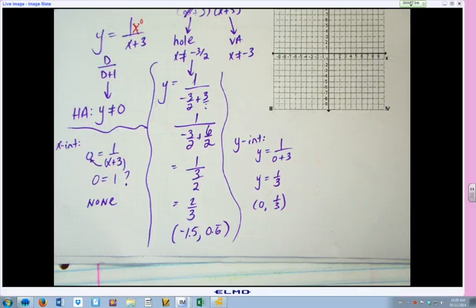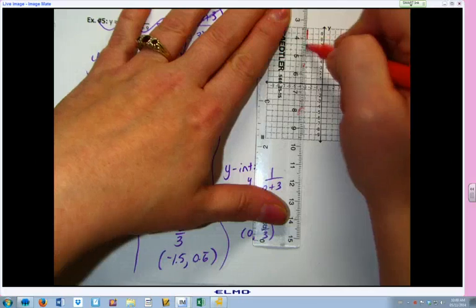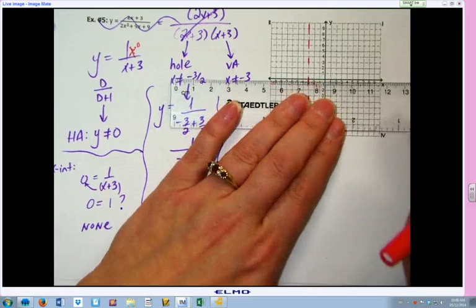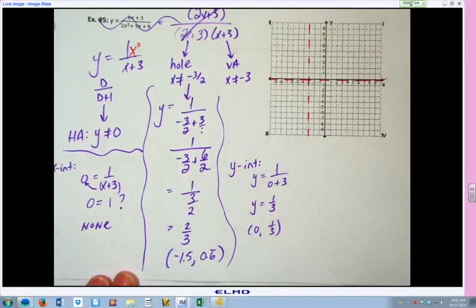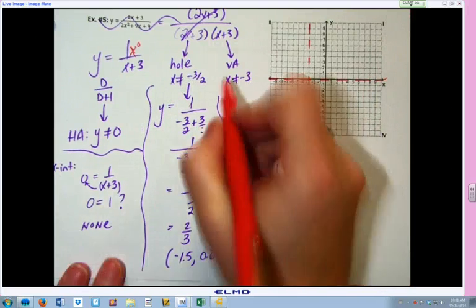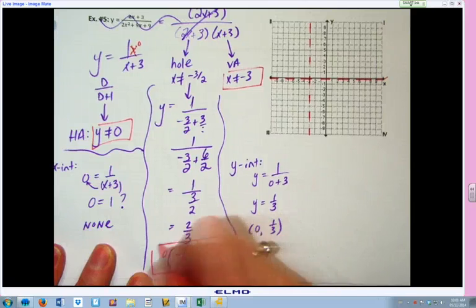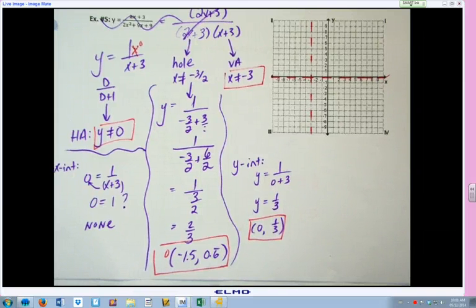Okay, what would you like to draw first? Okay, vertical asymptote. Which way does a vertical asymptote go? Horizontal. What would you like to draw next?